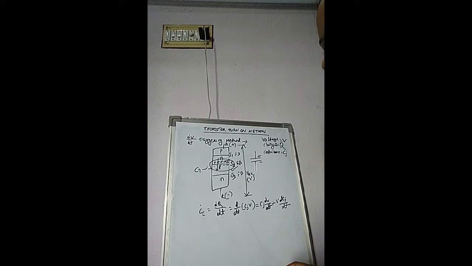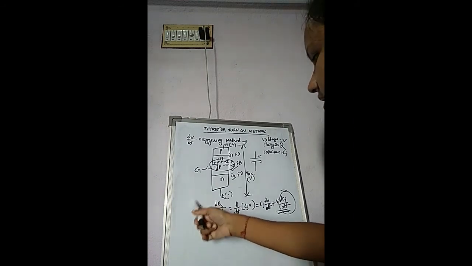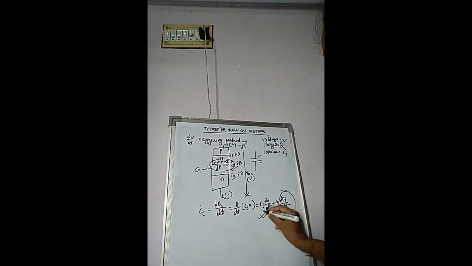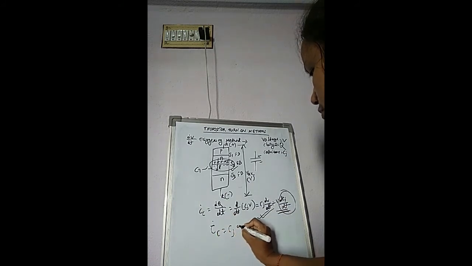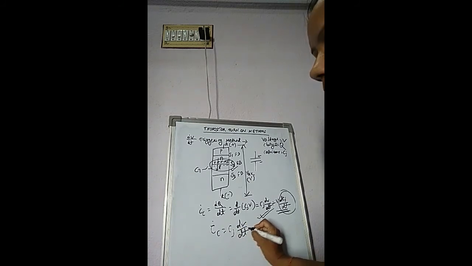The rate of change of junction capacitance may be negligible because the Cj value is almost constant. That's why dCj by dt is negligible, so IC depends totally on this part, that is IC is equal to Cj into dV by dt.